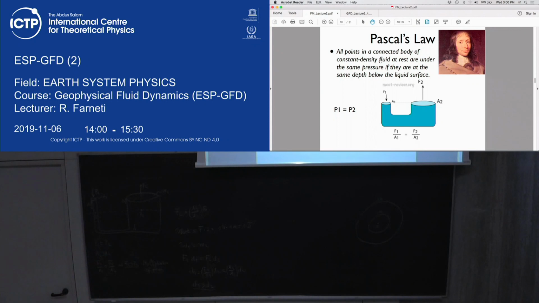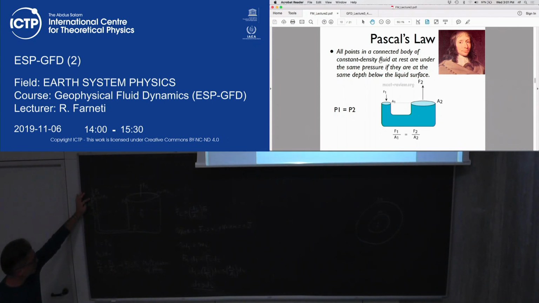Okay, so what I'm trying to say here is that using static conditions and the hydrostatic balance, and the fact that pressure at every point in this fluid has to be equal as long as the height or the head is the same and the fluid is connected, if we apply a force over this small area, there would be an equal pressure on the other side equal to F2 over the area A2.